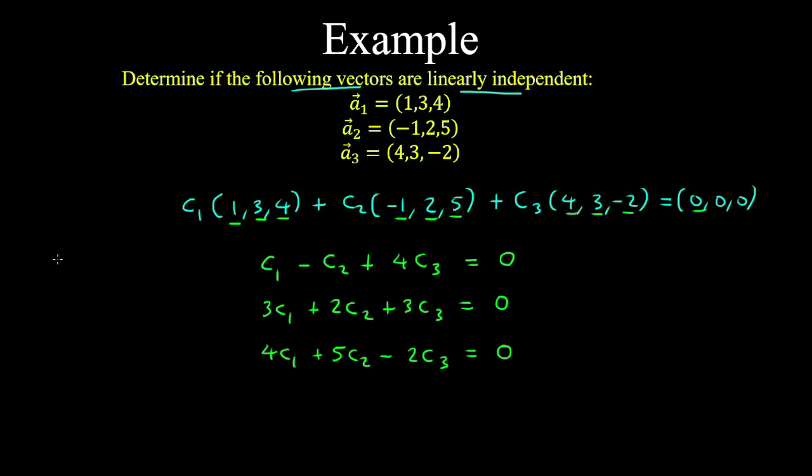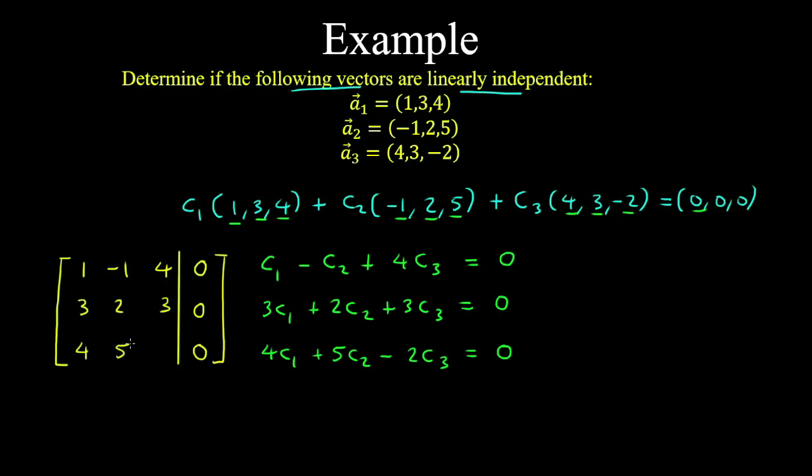We can write this as a matrix of coefficients augmented with the 0 vector on the right. So we have coefficients of 1, minus 1 and 4, 3, 2 and 3, and 4, 5, and minus 2.